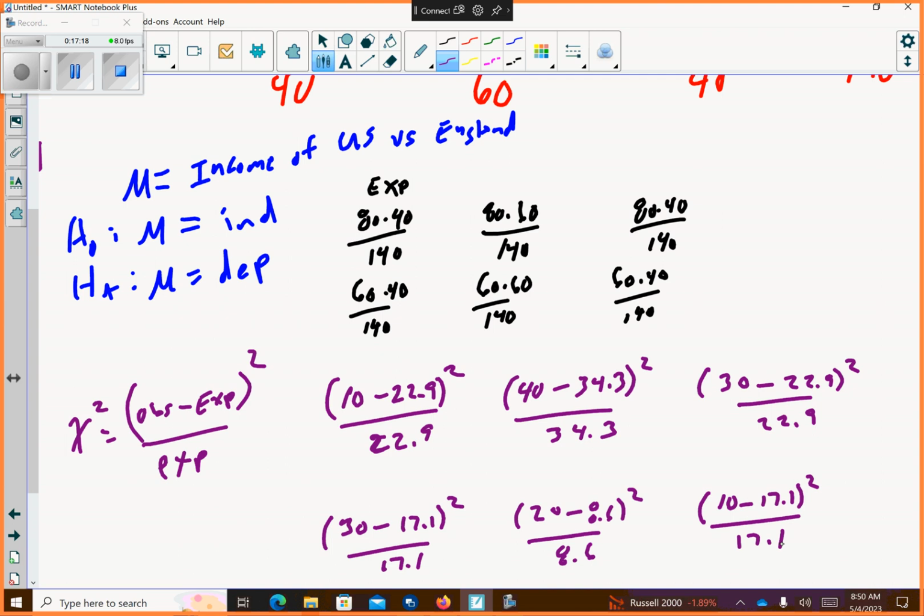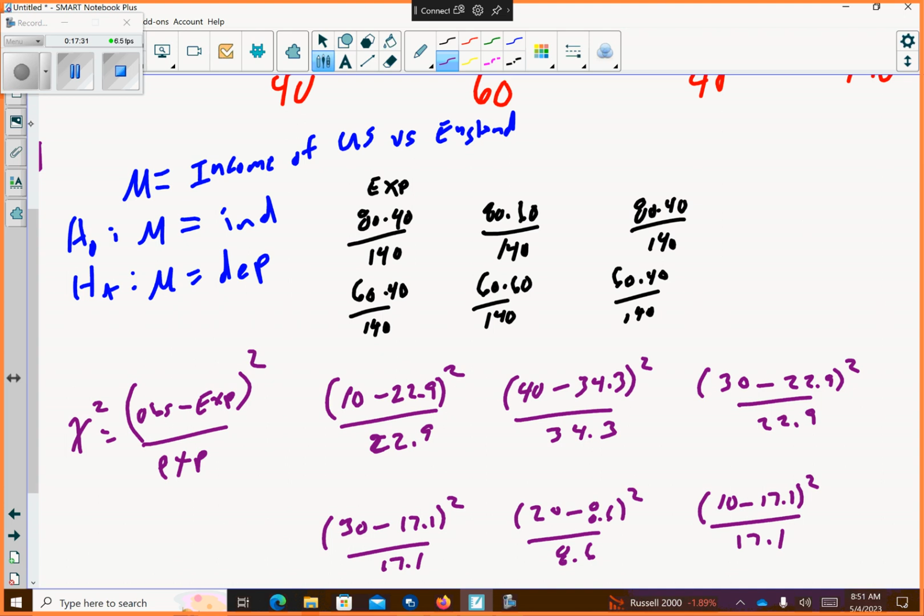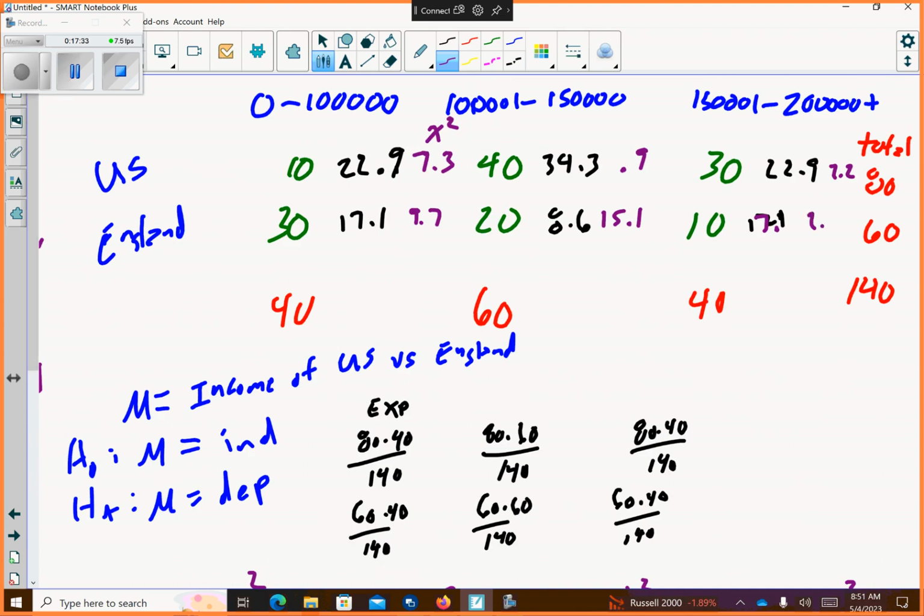That's going to give me 2.9. Okay. Now at this point, you want to add up all the purples.